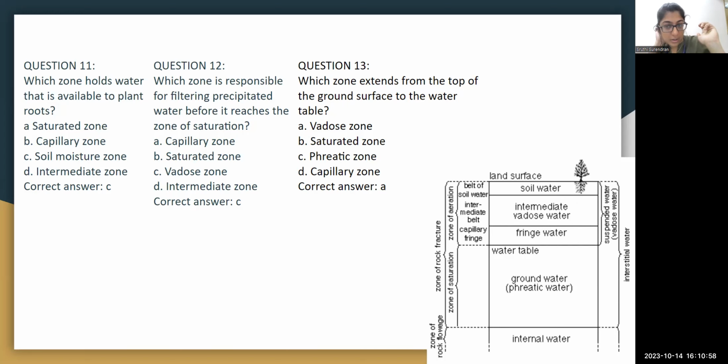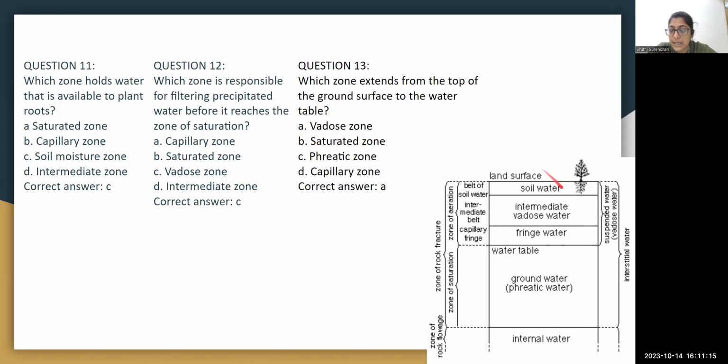Now, the intermediate zone is a zone which consists of soil as well as air particles. The capillary fringe is that zone where water from the water table moves up as a result of capillary action through a series of pores.